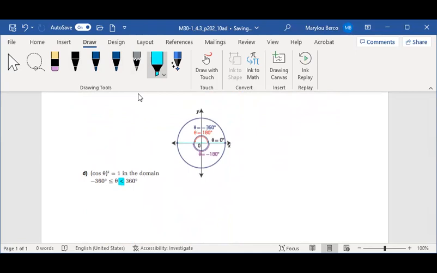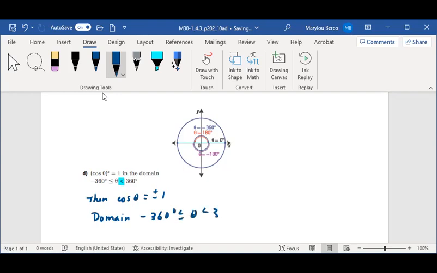Okay, so if cosine theta squared equals 1, then cosine theta is equal to plus or minus 1. So in the domain, negative 360 degrees is less than or equal to theta is less than 360.